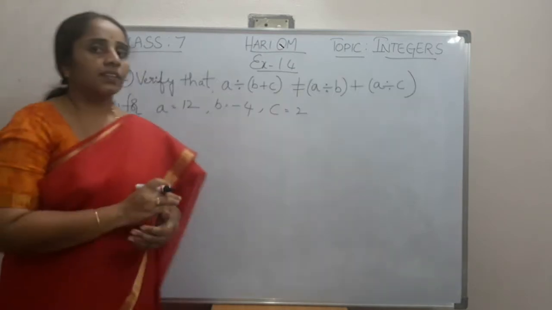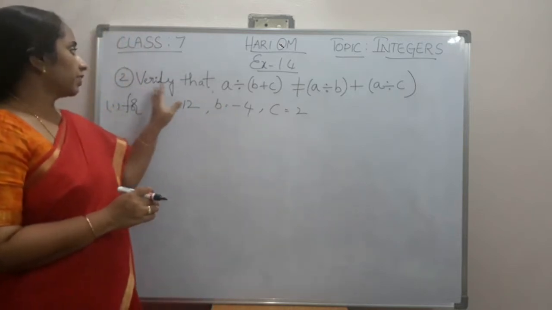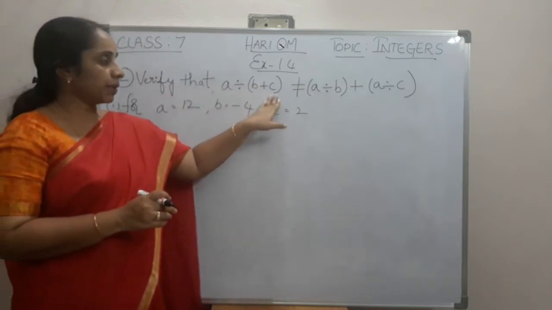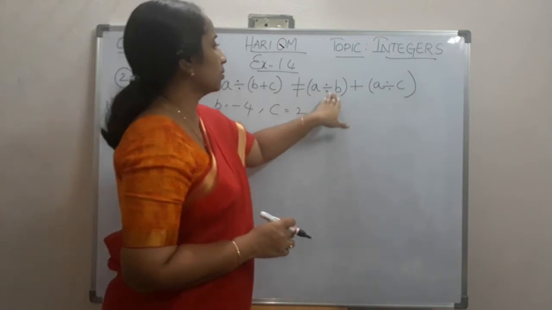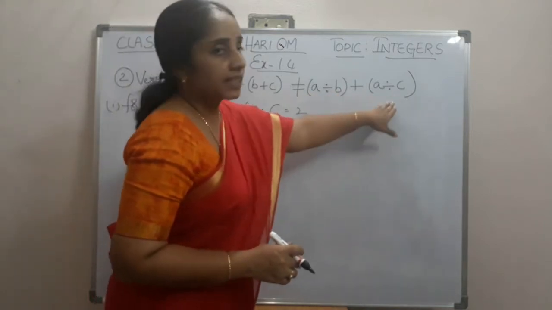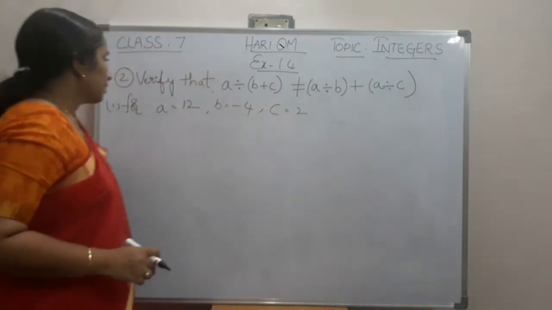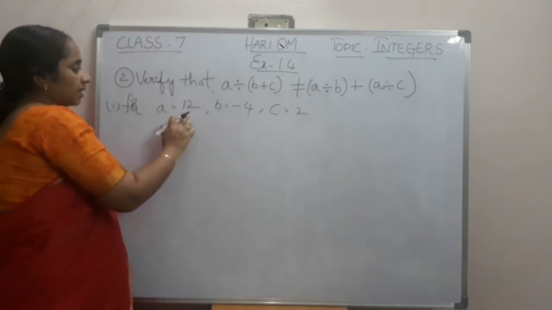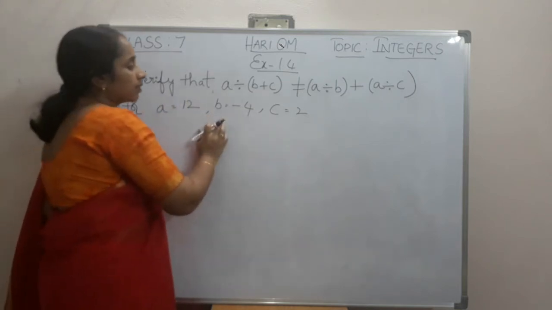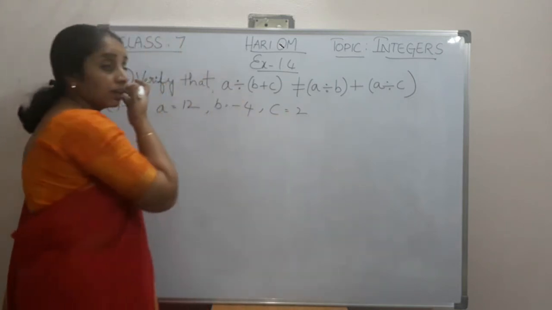Here in this problem, verify that a divided by b plus c is not equal to a divided by b plus a divided by c, for these values: a equal to 12, b equal to minus 4, c equal to 2.